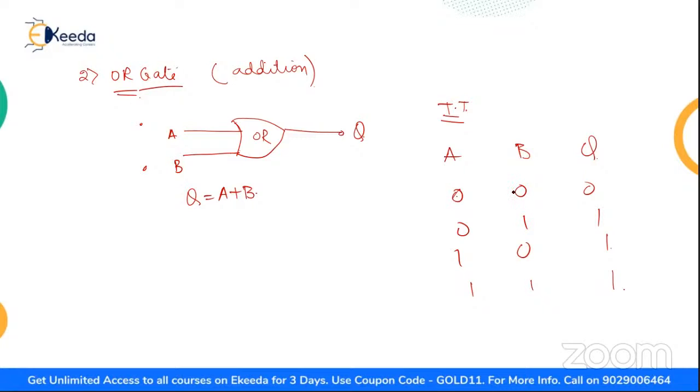So 0 plus 0 is 0. 0 plus 1 is 1. 1 plus 0 is 1. 1 plus 1 is 1. So what I will say is, if any input is high, output is high. So this is the second gate.